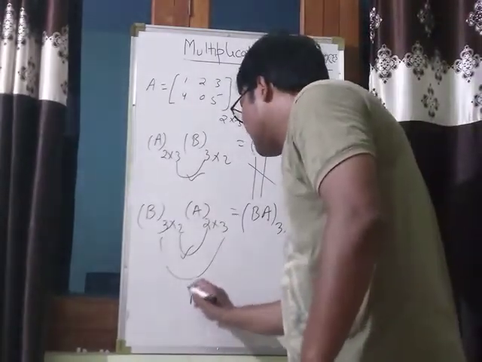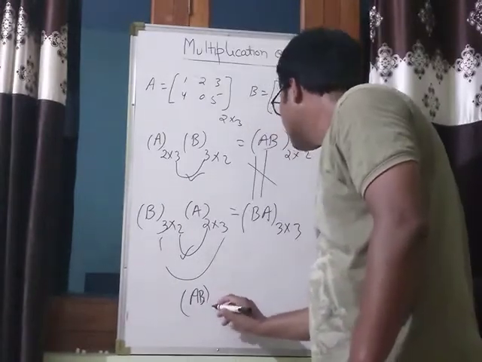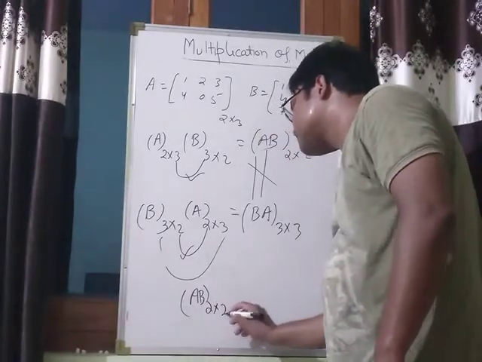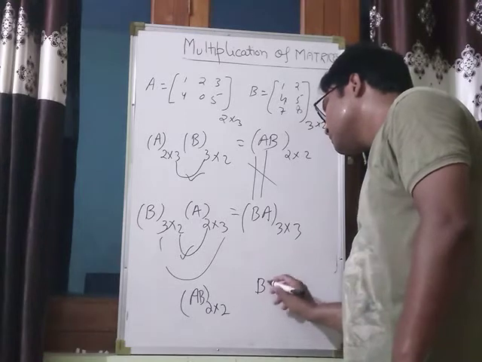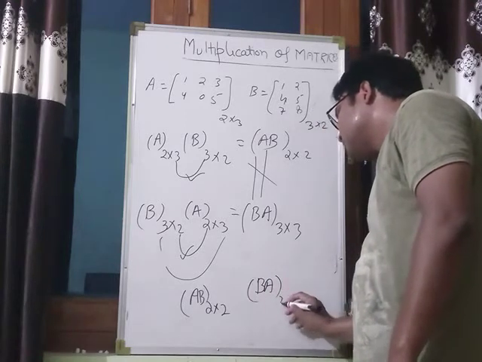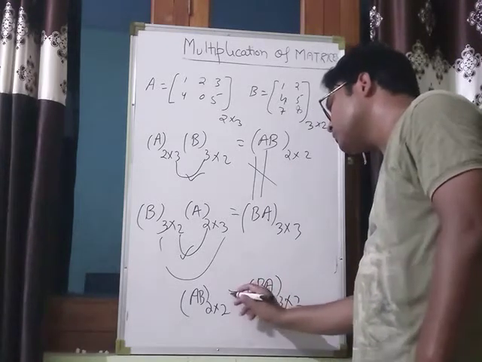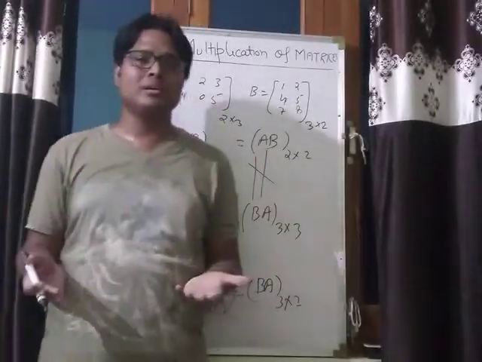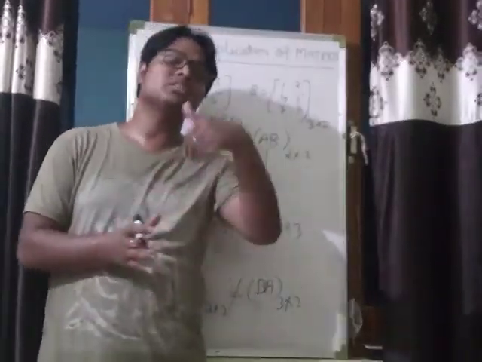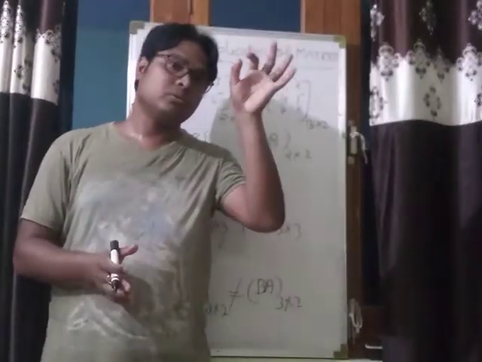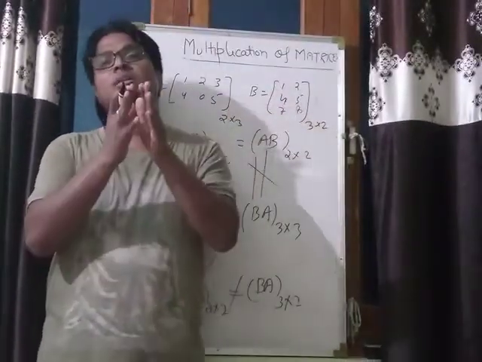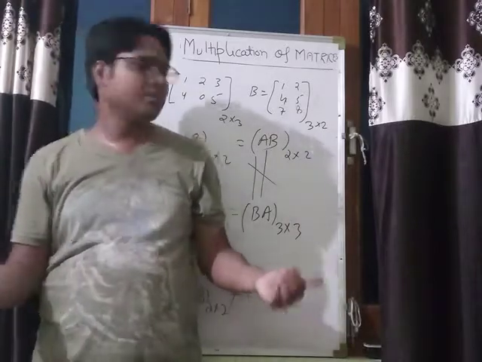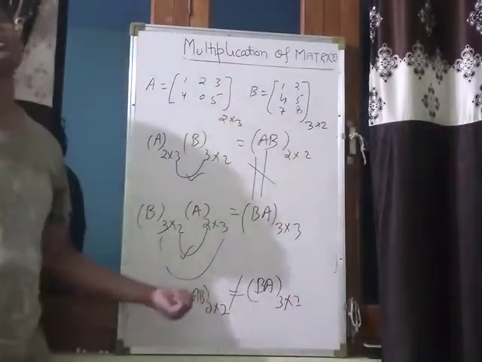AB is of order 2 by 2 and BA is of order 3 by 3. Is it possible they are equal? No. Why? Two matrices will be equal when they satisfy two conditions, the first being that their order must be the same. Here their order is not the same.